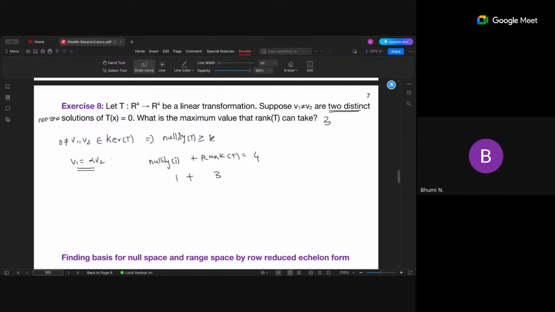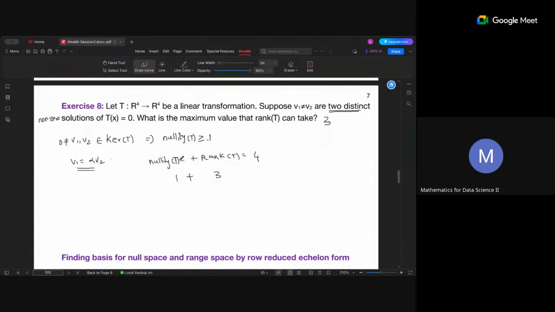Agreed? Kernel is the solution set, right? Kernel and nullity are the same; we are talking about the dimension of the kernel, or the null space. If V1, V2, and V3 belong to the kernel, then the nullity would be greater than or equal to 3.